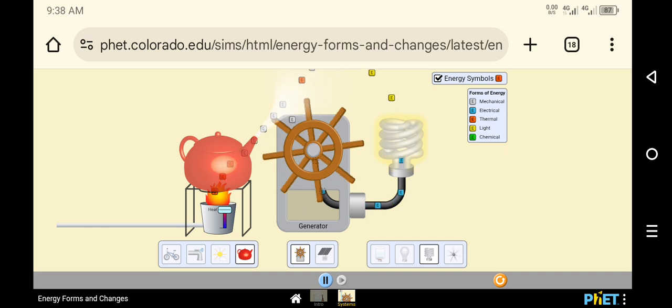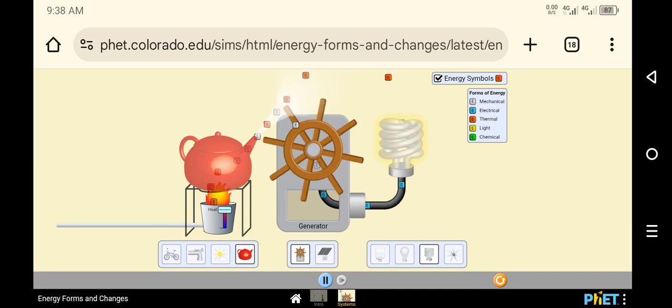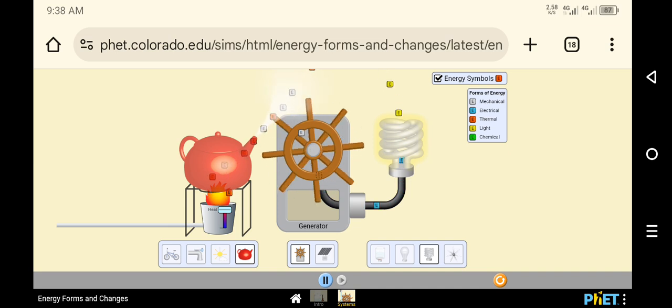When the generator is rotated, the mechanical energy will be converted to electrical energy. When this electrical energy reaches the bulb, it will give us light energy and thermal energy at the same time. That's the conversion of energy from one form to another form.